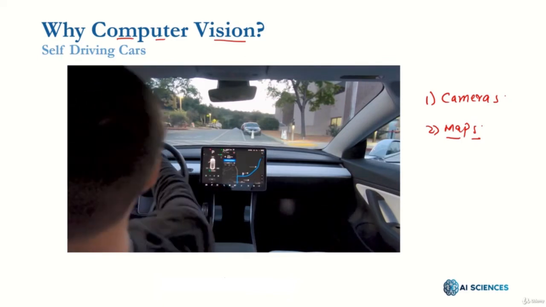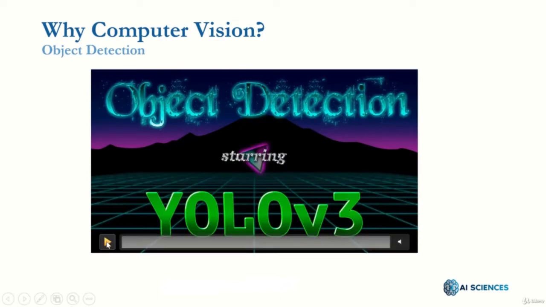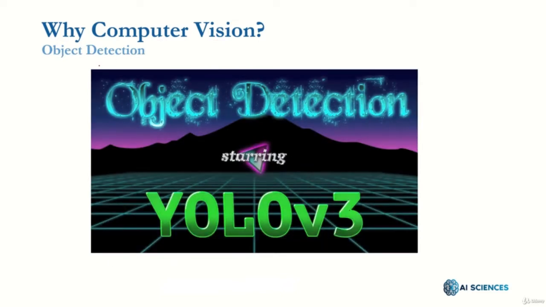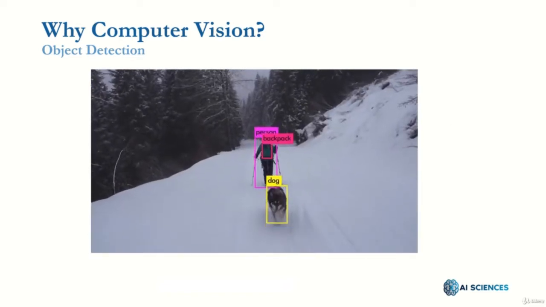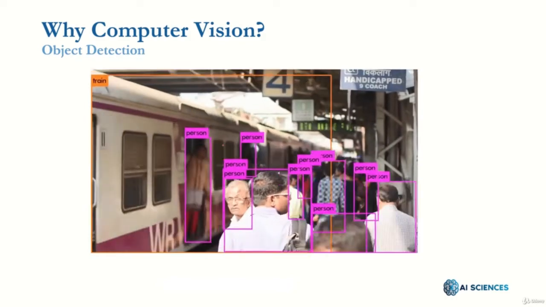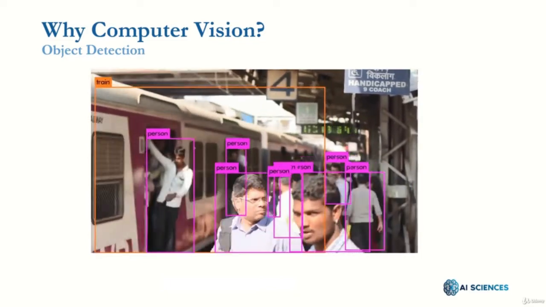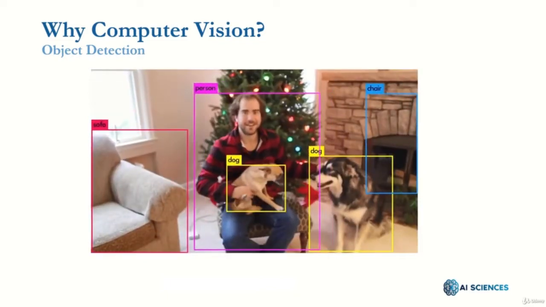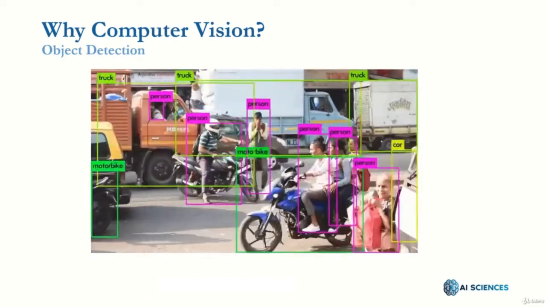Other applications of computer vision include, for example, object detection. And here I'm showing you a video of object detection from deep learning, the YOLO object detector. We have also discussed this in our course, as well as in our other course on convolutional neural networks. You can see this is all real time, and given a video or an image, we want to detect the objects.